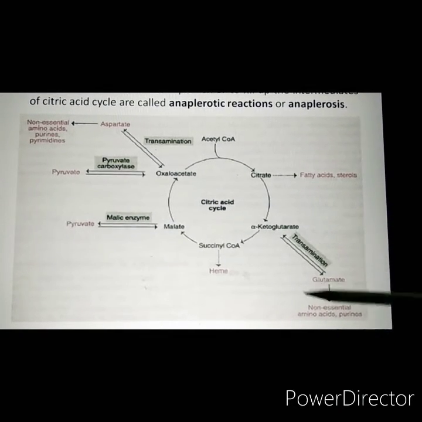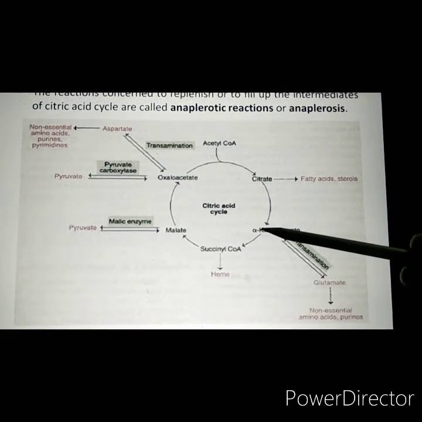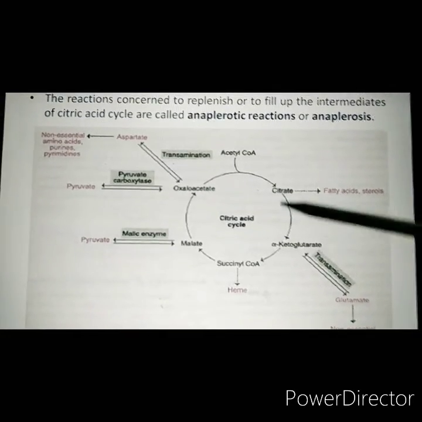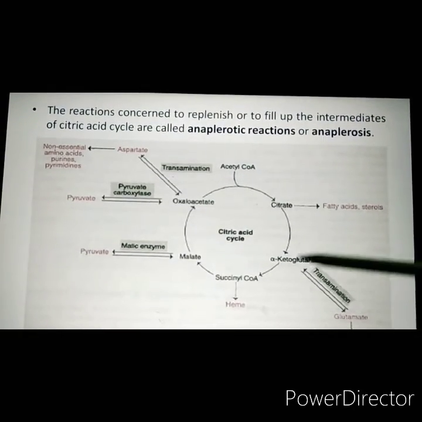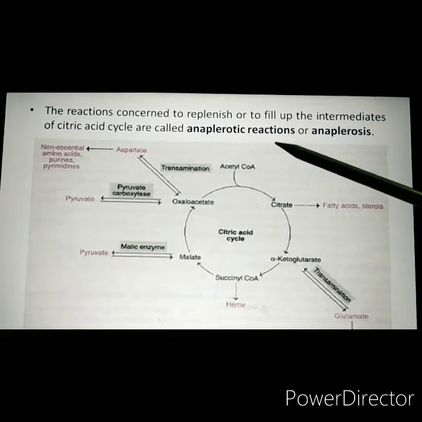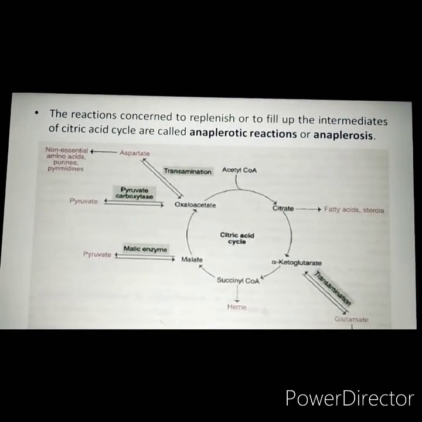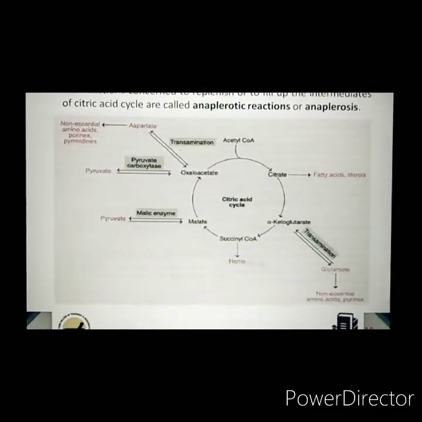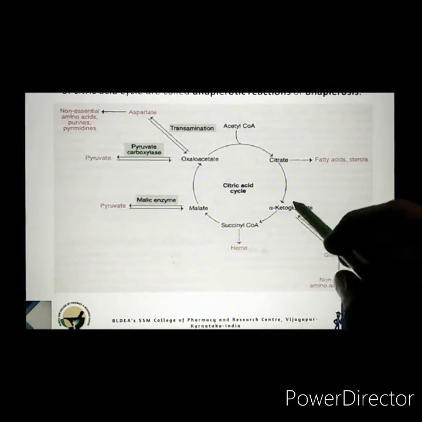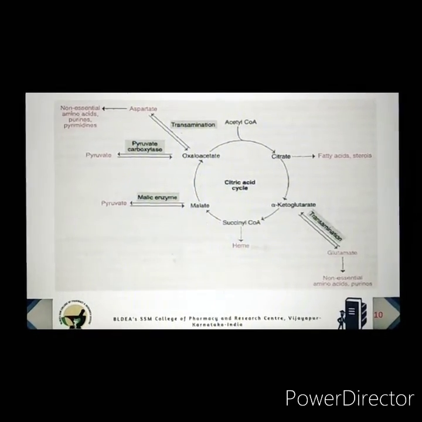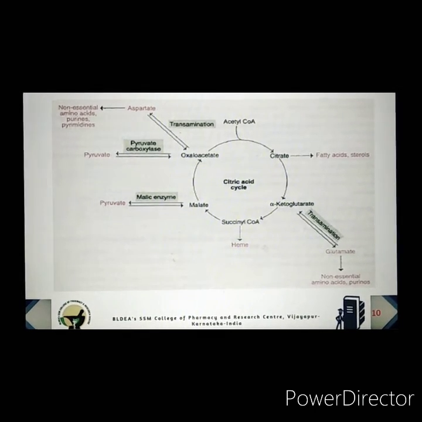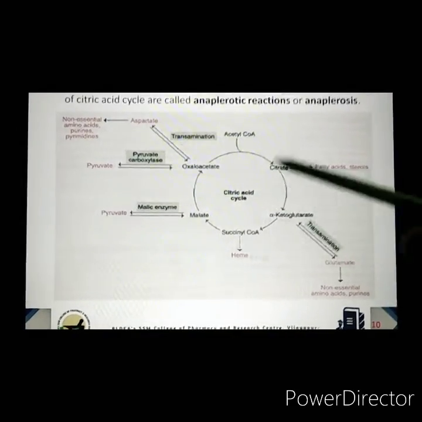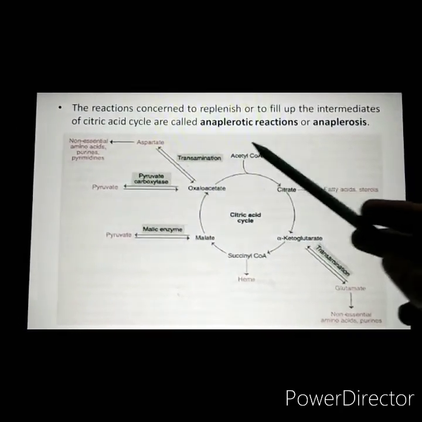Such reactions, wherein complex molecules are broken down into simpler forms that are intermediates of the TCA cycle, are known as anaplerotic reactions. The intermediates of the citric acid cycle must be continuously replenished in order to effectively carry out the citric acid cycle, that is, to effectively carry out oxidation of acetyl CoA.